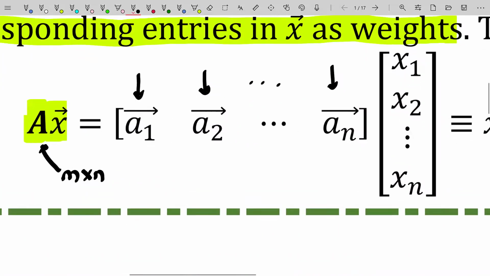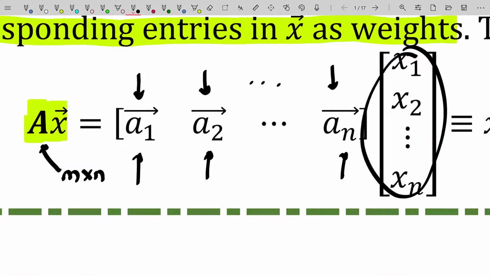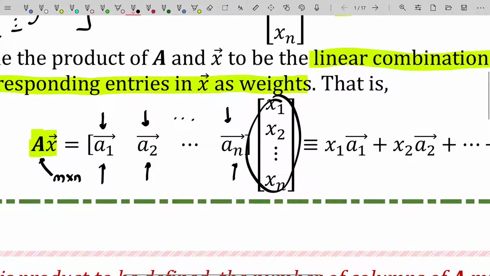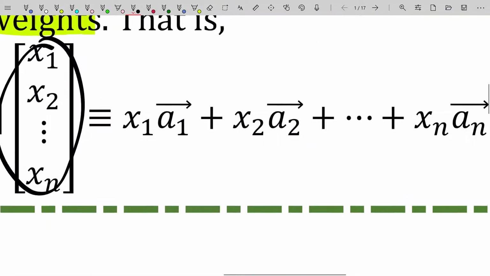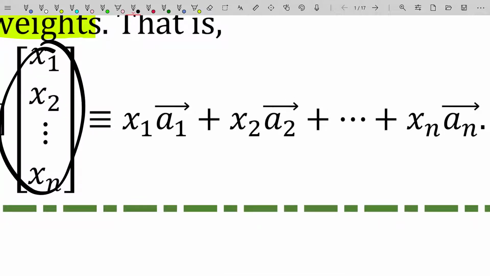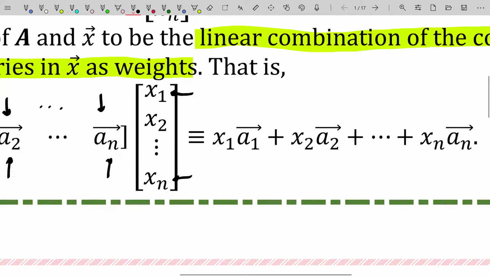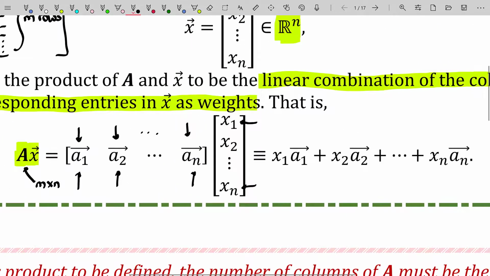So we have the columns of A, and we're multiplying by the vector x, and this ends up being the linear combination of the columns of A. And this is why x has to have n entries. In other words, the vector x has to be in Rn, because we have n column vectors in A.